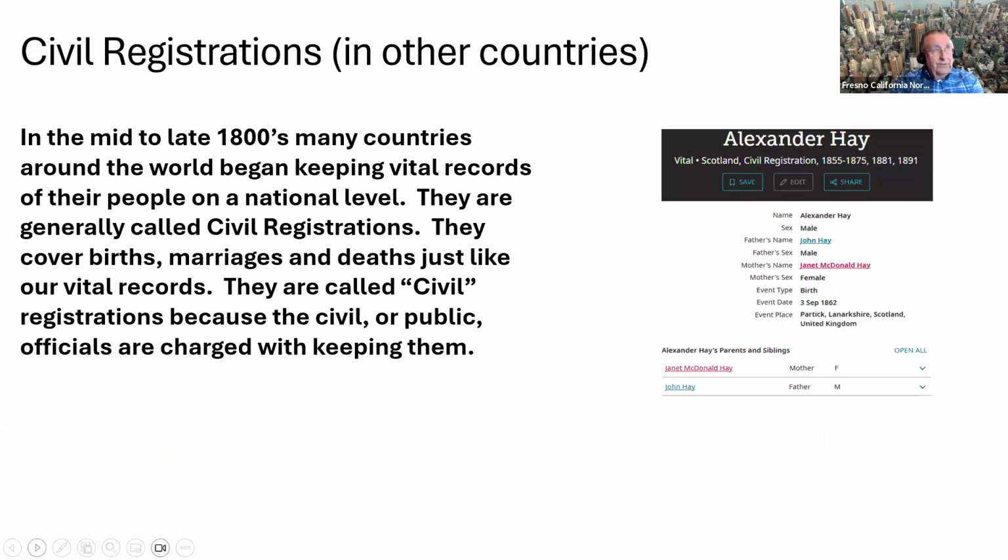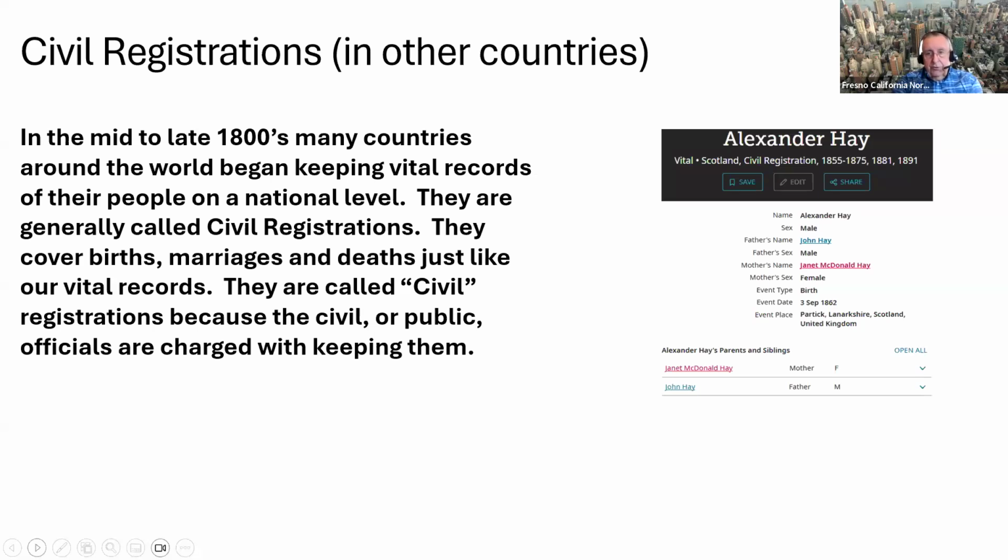Okay, civil registrations. Now, in other countries, they don't call it vital records, they call it civil registrations. Essentially, we're talking the same thing. And many other countries will find these civil registrations actually go back further than our United States vital records do. They'll go back to usually around the mid to late 1800s, depending on which country.